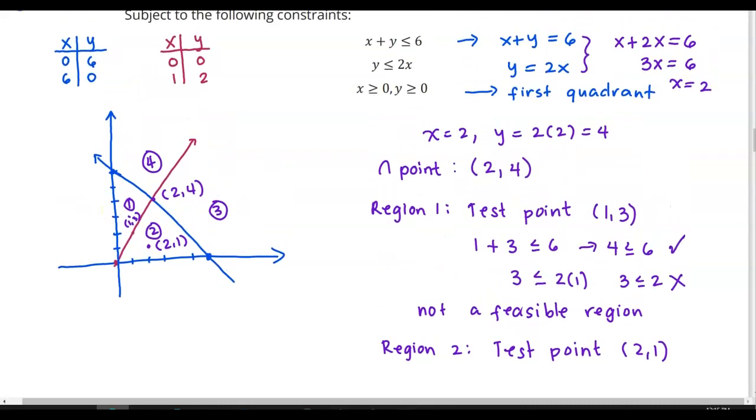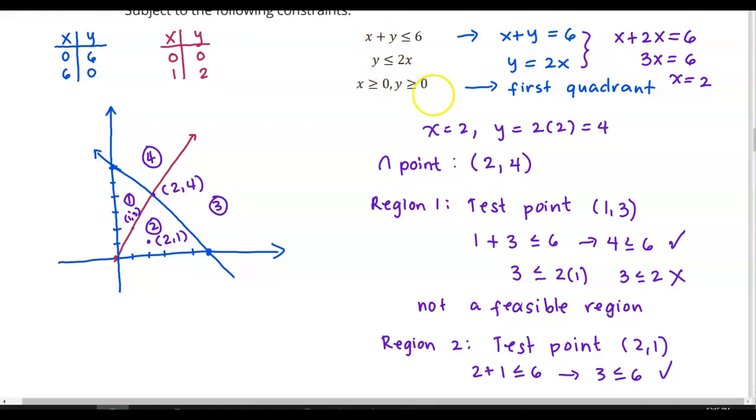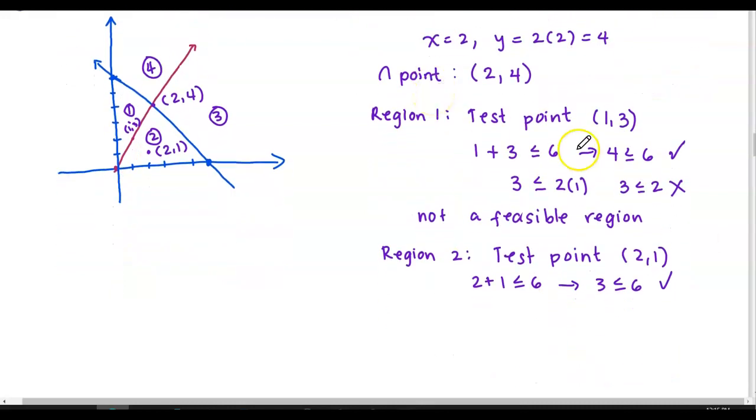We are going to evaluate these inequalities at this point. When x is equal to 2, we have 2 plus y, which is 1, less than or equal to 6. Is 3 less than or equal to 6? The answer is yes. Next, we consider y less than or equal to 2x.